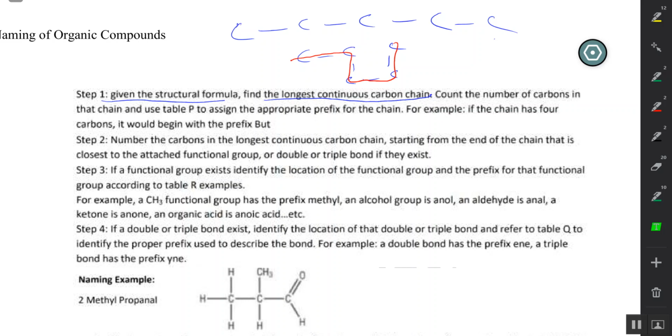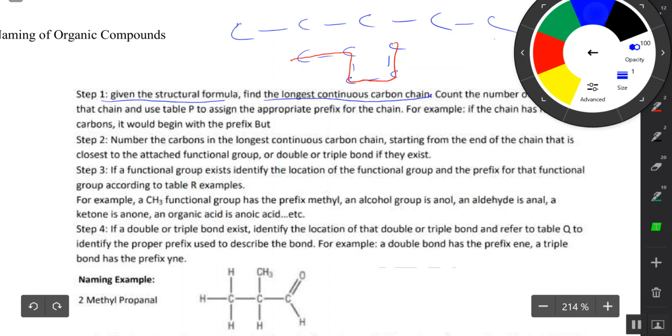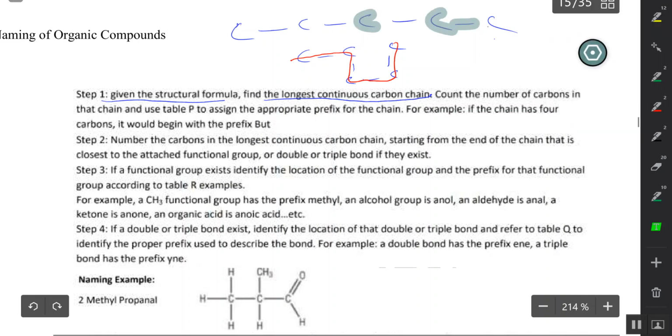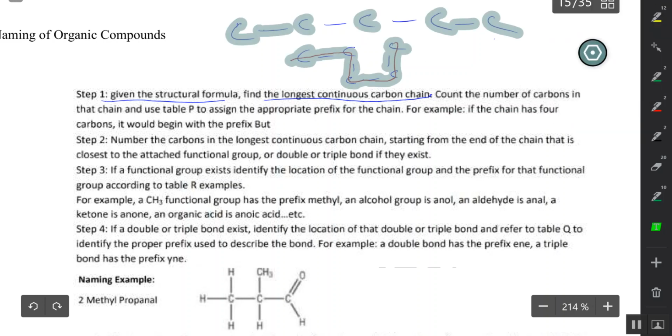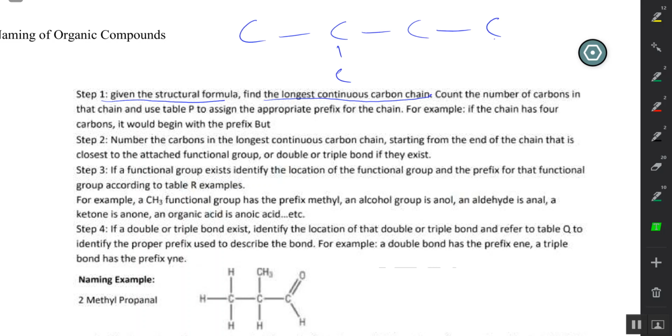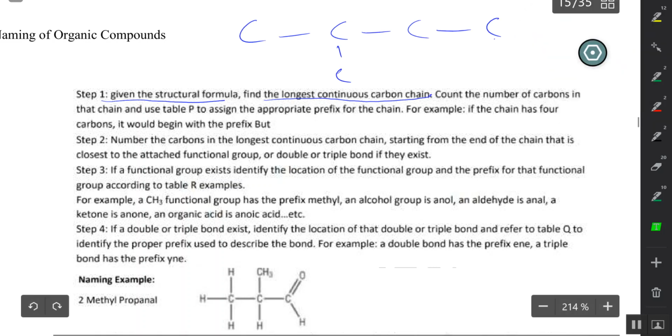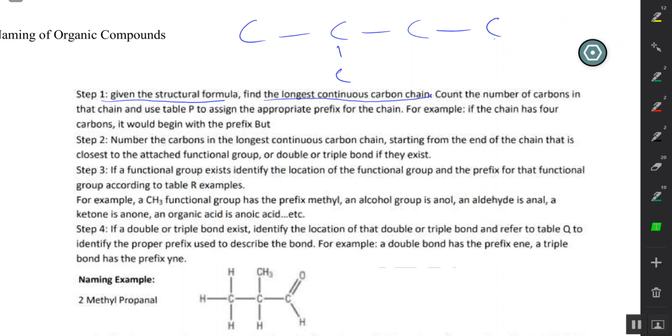Sometimes you may have an attachment to the continuous chain. So let's say, for example, you have something like this. The same chain, so 1, 2, 3, let's say 4 carbons now, and then you have something like this here. So here, the longest continuous chain actually contains 4 carbons, not 5.